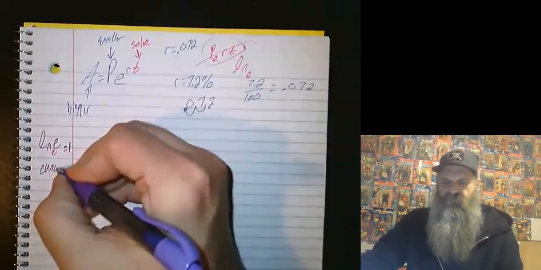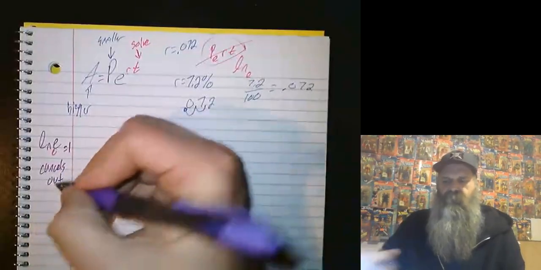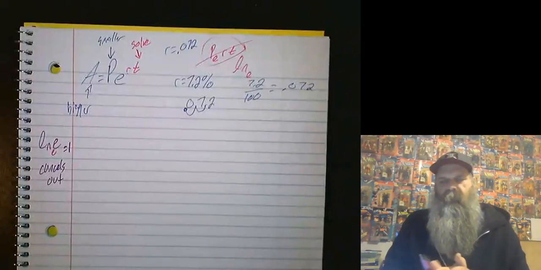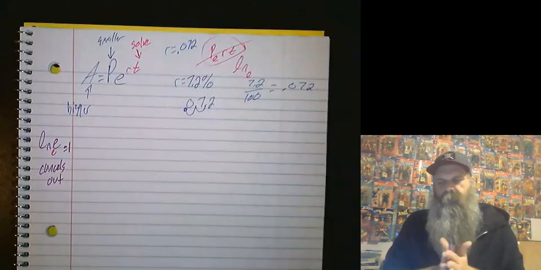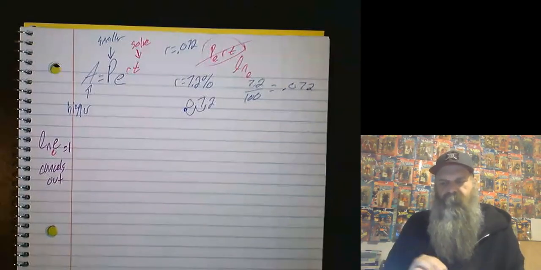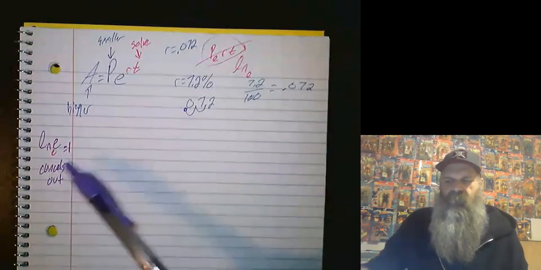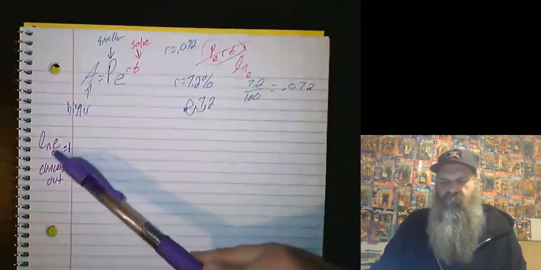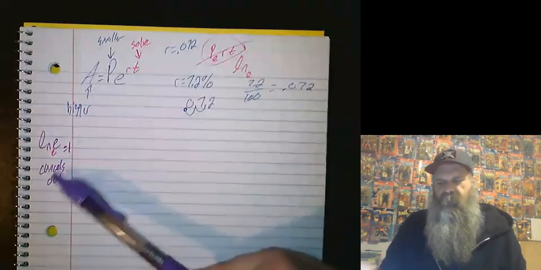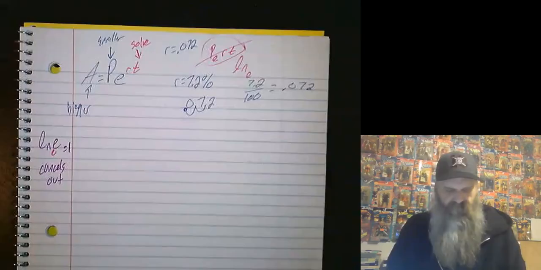So it cancels out, like a multiplier of 1. Like a coefficient of 1, it just goes away. And so when we take the natural log of both sides, we'll find ln of E, and we'll just cancel that out.